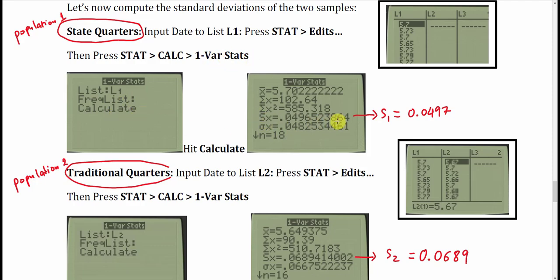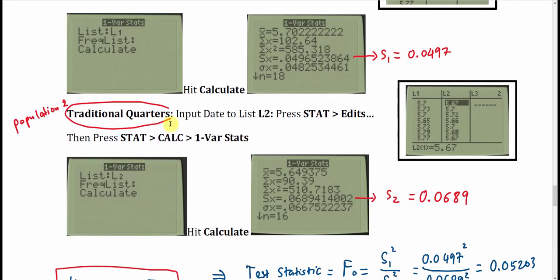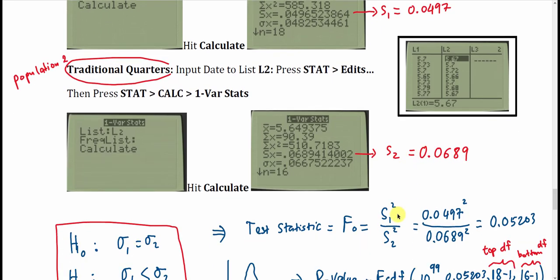And the S here is the standard deviation, or S1. And do the same thing. I store the data for the traditional quarters in column L2, and then use 1-Var Stats to find the statistics for that column, and it gives me the standard deviation to be 0.0689.